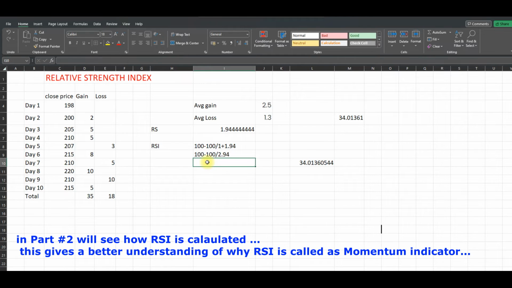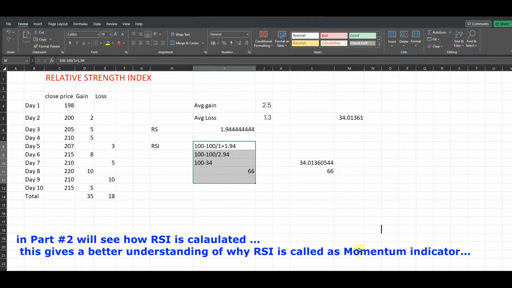So we have 100 minus 34. What is 100 minus 34? It is 66. So now we got the RSI value as 66. This is how we find the RSI.